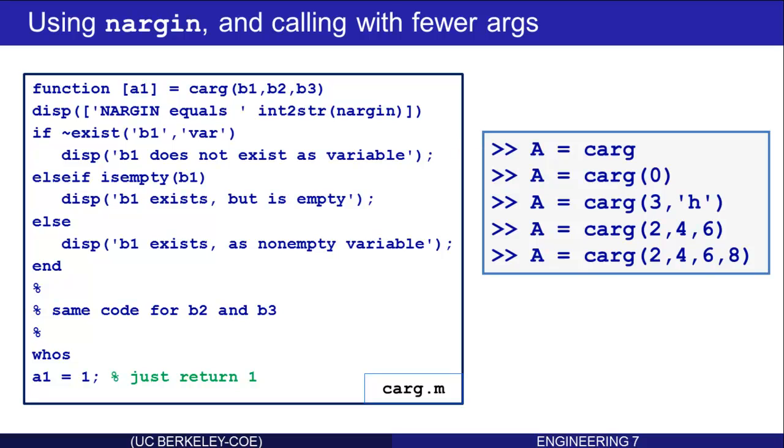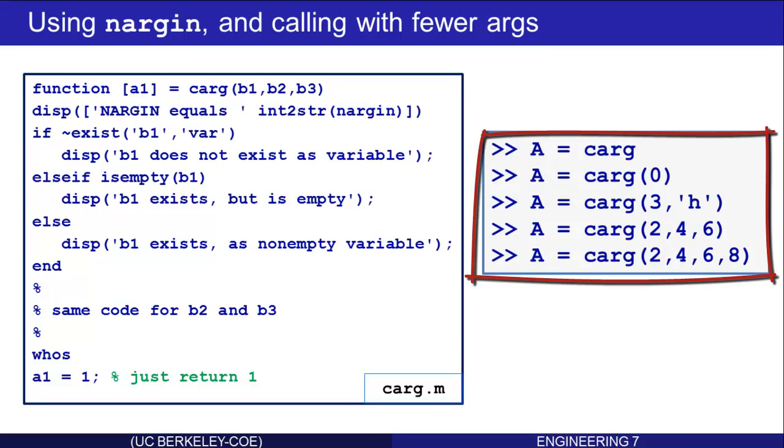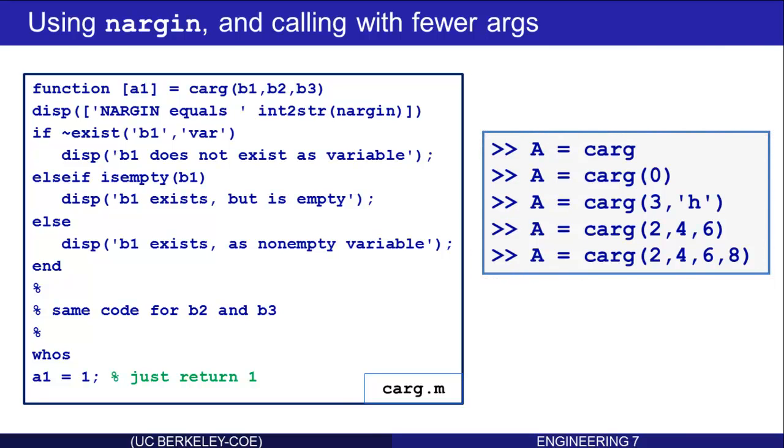The next one it is called with 1 input argument, then 2 input arguments, 3 input arguments, and finally 4 input arguments. The question being resolved here is what are the values of the missing input arguments inside the function? Do they not exist as variables, or do they exist and are empty? So we'll resolve that by simply trying this in Matlab and seeing what is displayed.